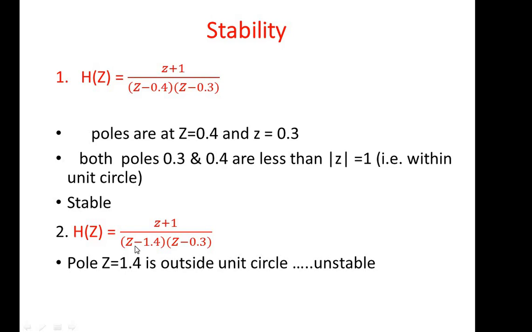It is going away from 1.4, so it will not come near 1. Since it is a causal sequence, the ROC is moving away from the origin, from 1.4 to infinity, so it does not contain the unit circle within this ROC.